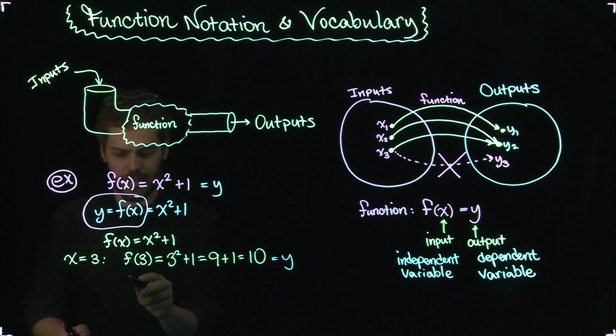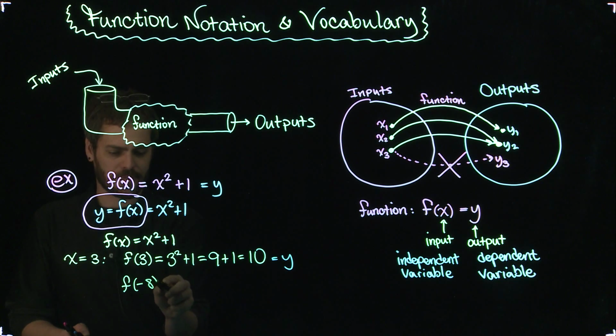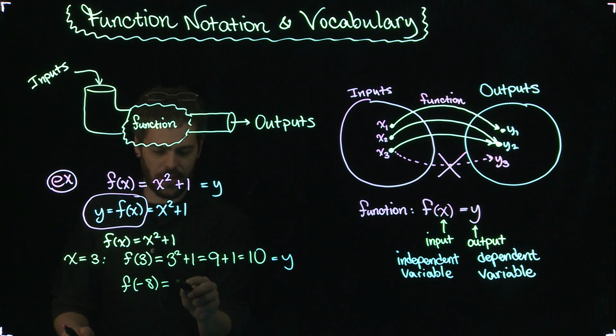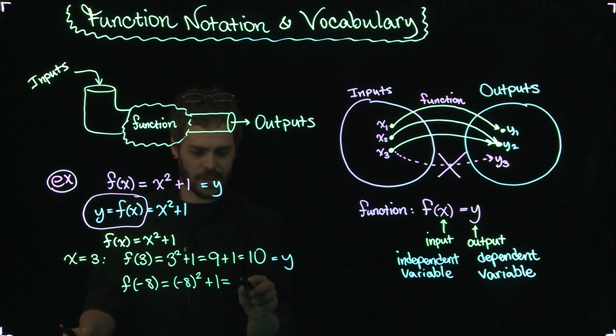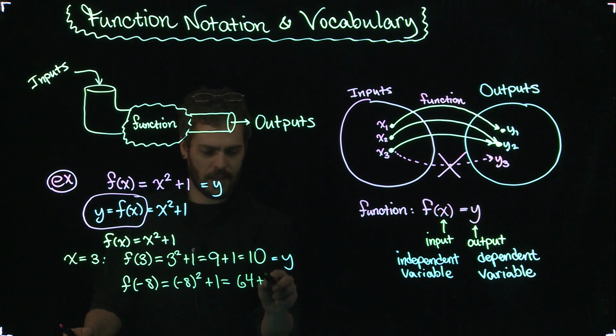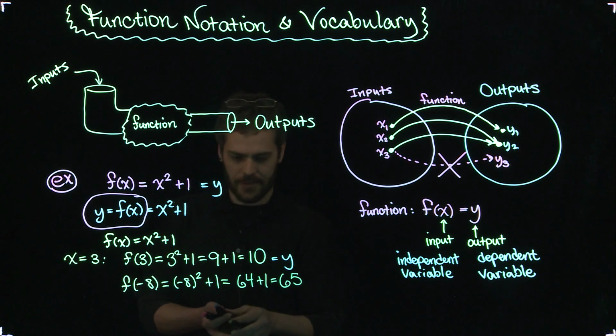Okay, let's try another one. If I plug in f of -8, for example, then I just stick in -8 right there. Squared plus 1 equals 64 plus 1 is 65. And that's a different y value.